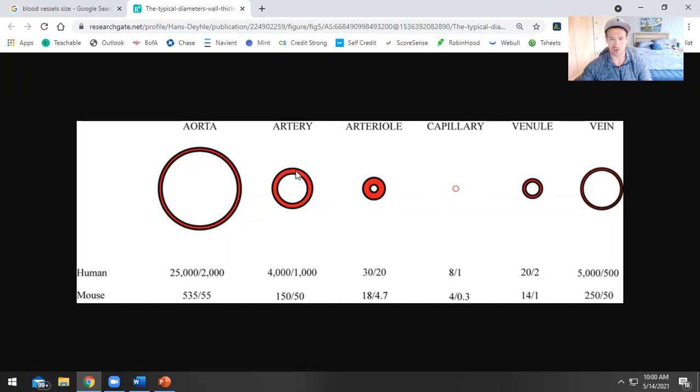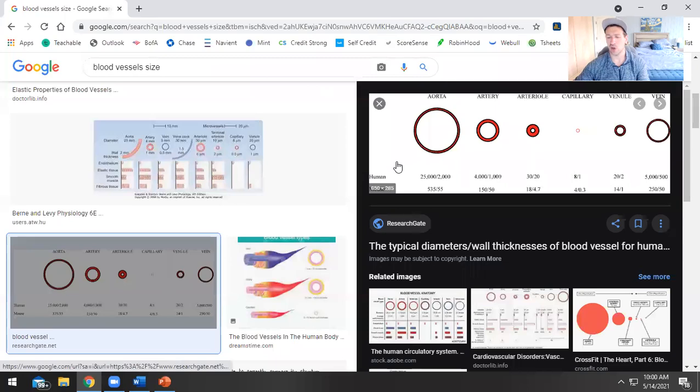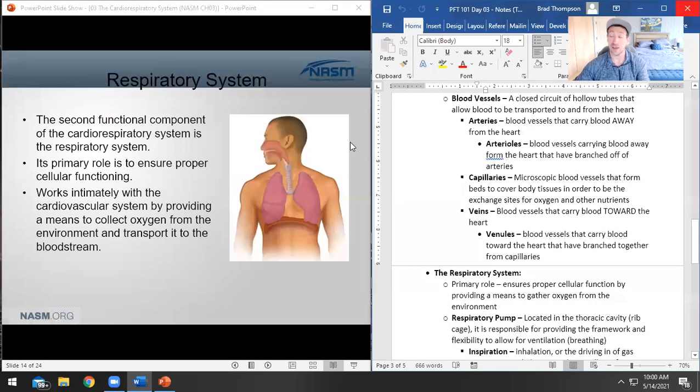So there's a lot of pressure there. An arteriole is much smaller, which is mostly wall. Capillaries, really tiny, really itty bitty, absolutely tiny. And then a venule, you can see, is a little bit thicker, and then it goes back to a vein. But we need arteries to have thicker walls because the pressure is so much higher in an artery than it is in a vein, because your heart just got done contracting.